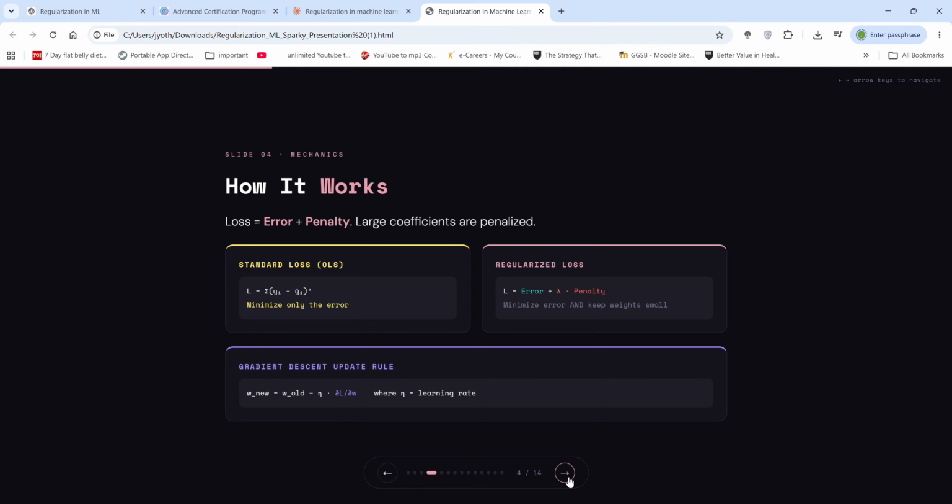Let's see. We have already understood that when we build a machine learning model, the regression model, we have a cost function. The cost function is given by J(theta) = 1/n summation (y actual minus y predicted) whole square.